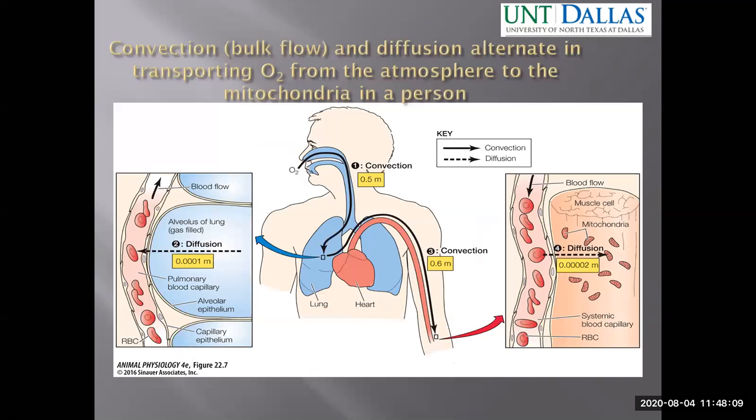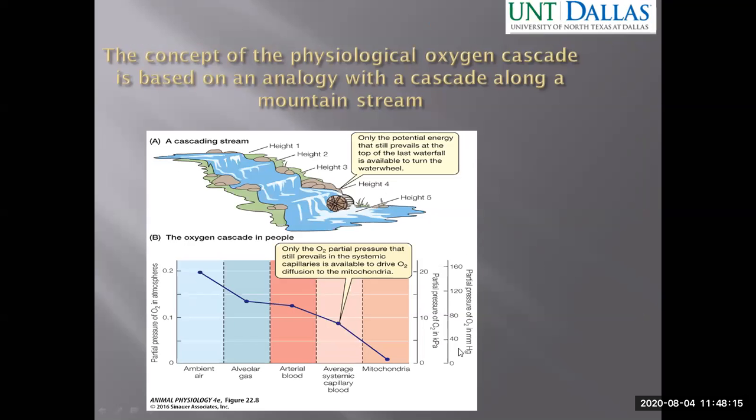So the mitochondrion is the final step where this oxygen is actually used. Oxygen enters the mitochondrion by diffusion, as we already talked about, at a rate that depends on the difference in oxygen partial pressures between the blood in the capillaries and the mitochondrion.